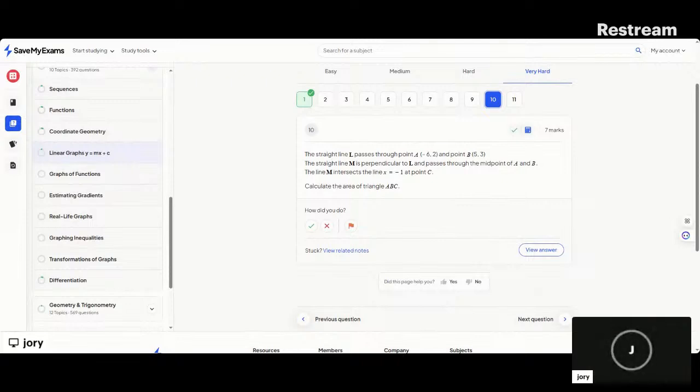And then add to x2, which is negative 1, minus x1, which is negative 0.5, so just add 0.5 squared. Okay, and square root this answer.